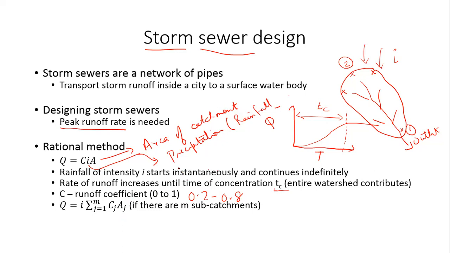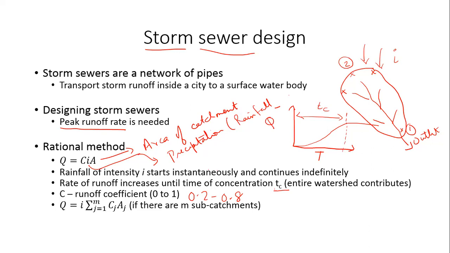So if I know the area of each different kind of catchment which has its own runoff coefficient, I can simply do a weighted summation of the runoff coefficients of all of those different types of land use, and then multiply that by my rainfall intensity, which is assumed to be uniform over the entire watershed and continues indefinitely. That assumption still holds. Then I can obtain what the flow rate will be from a watershed of this kind. Is that okay?